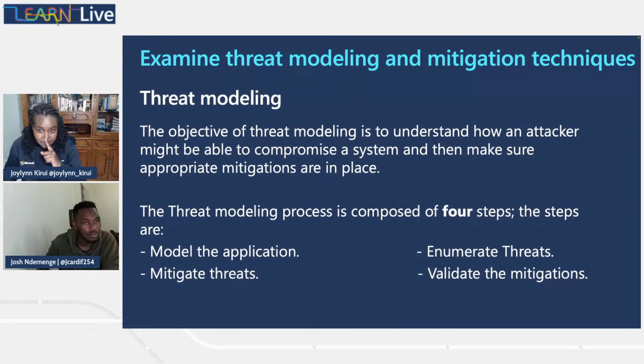So during threat modeling, we look at something called STRIDE. You need to take note of this. STRIDE stands for S for spoofing, T for tampering, R for repudiation, I for information disclosure, D for denial of service, and E for elevation of privilege.